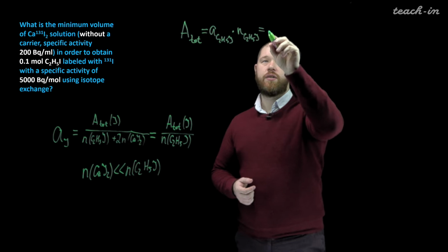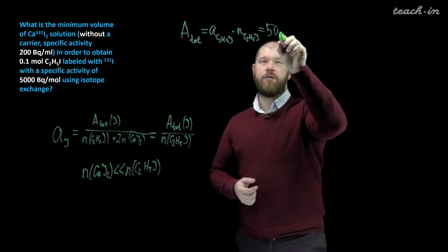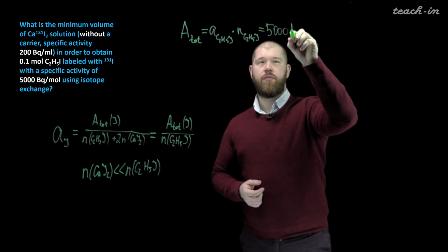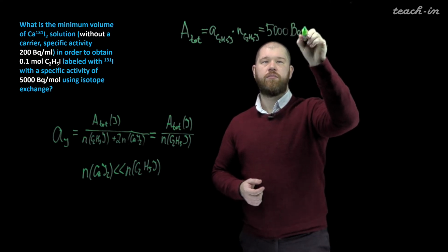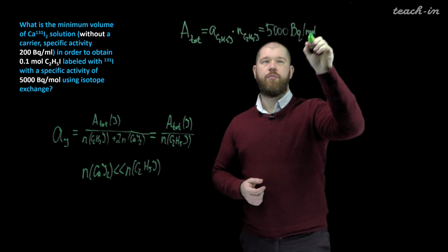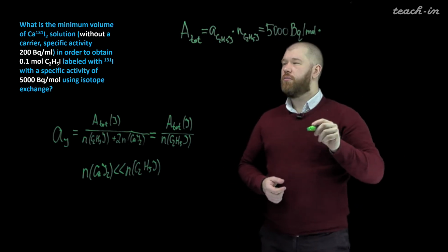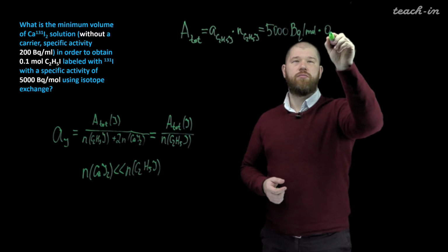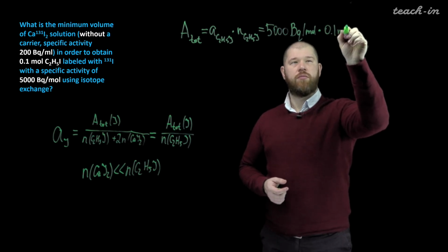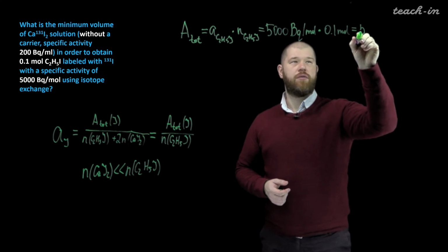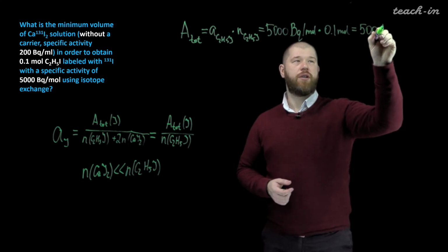So it is 5,000 becquerel per mole multiplied by 0.1 mole. So it's just 500 becquerels.